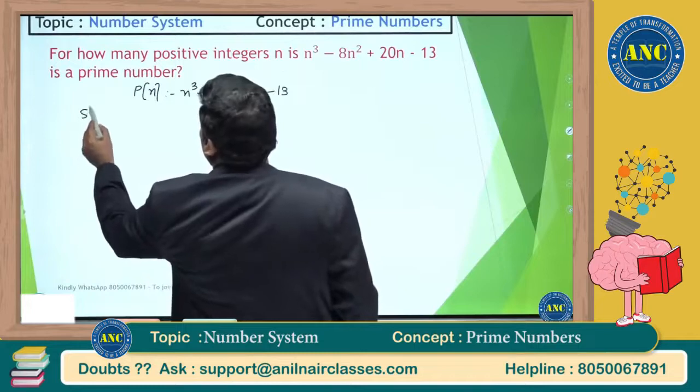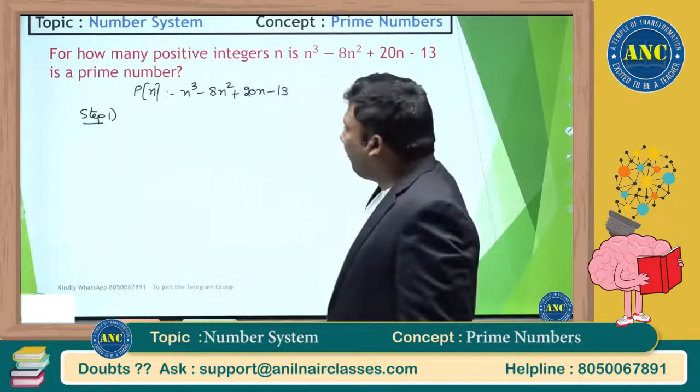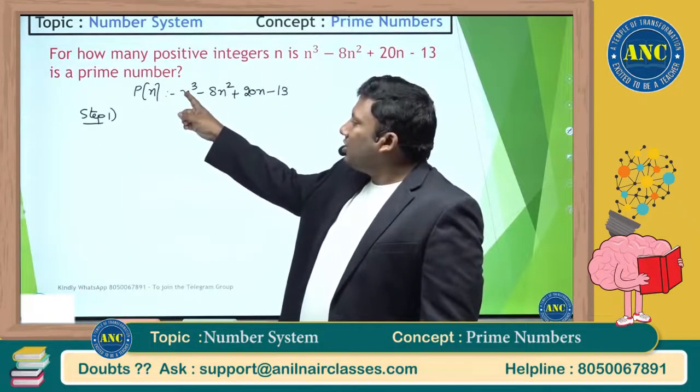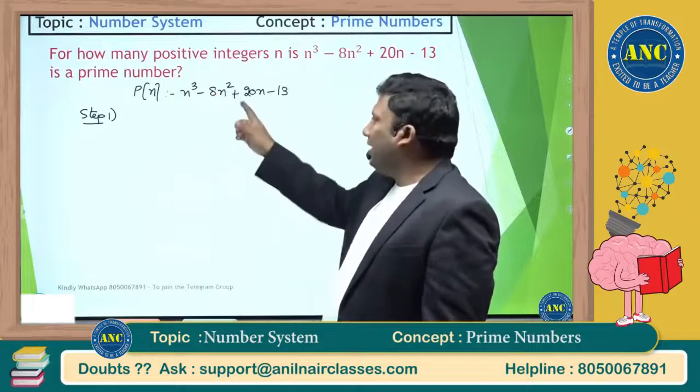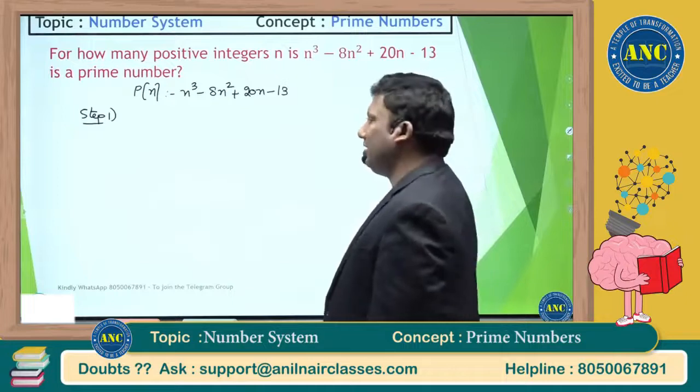Step number 1. If you observe the coefficients 1, add all the coefficients: 1 minus 8 is minus 7, 20 minus 7 is 13, 13 minus 13 is 0.